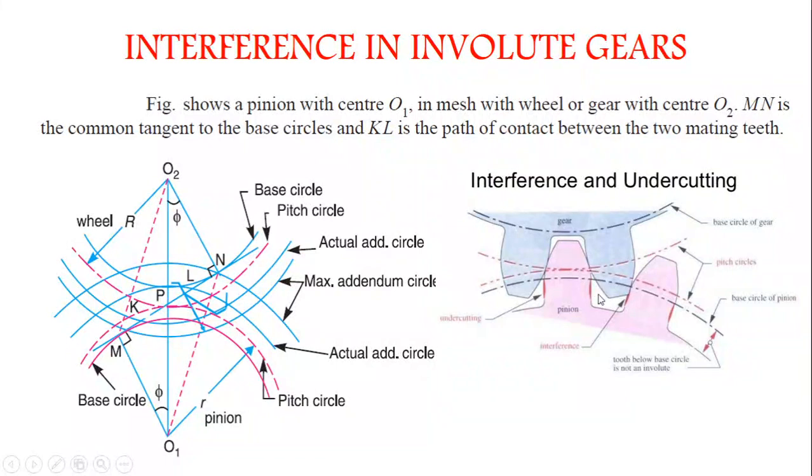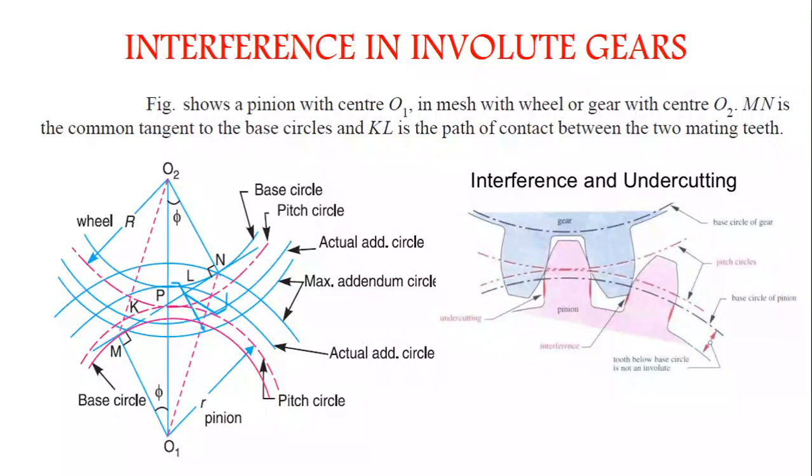Let's see what happens when the addendum circle radius is further increased. The involute profiles of the two mating gears do not touch, because the addendum value is more here.